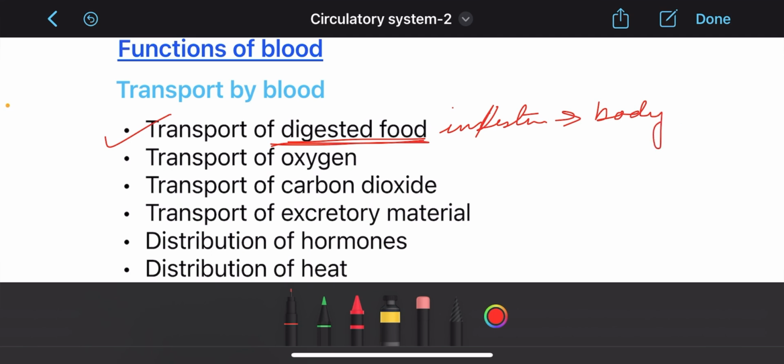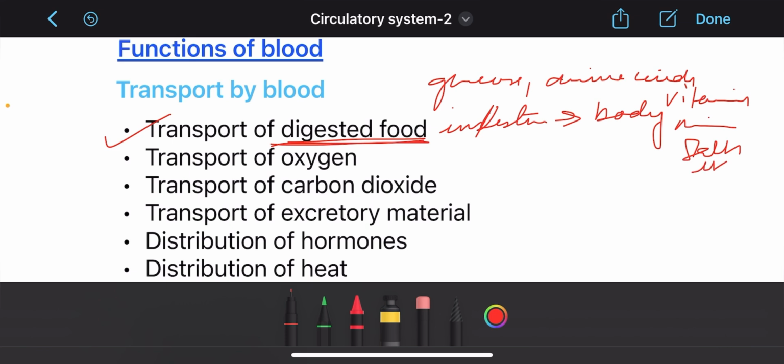The food that is absorbed includes sugars like glucose, amino acids, vitamins, minerals and salts, etc.